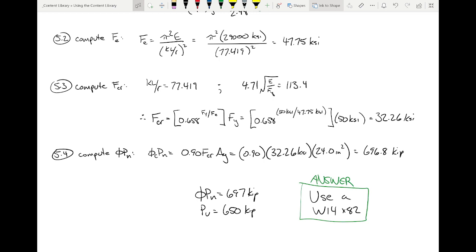But then do what Mr. Trogdon said, which is that there might be a next lightest one that might work as well. So I would go through this process to select a family of trial shapes rounding up. But then when I got my shape, I might just check the next lightest one just to make sure. So I'm not going to do that to you. Don't worry. I'm not that much of a jerk. I'm a little bit, but not that much.